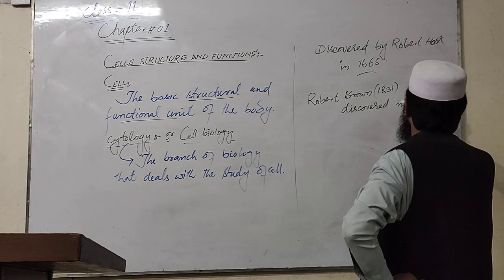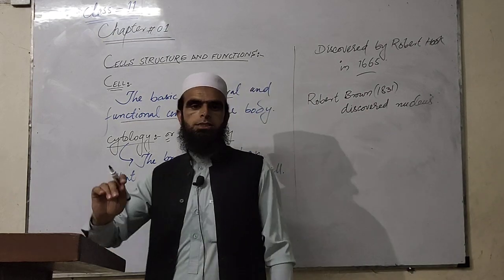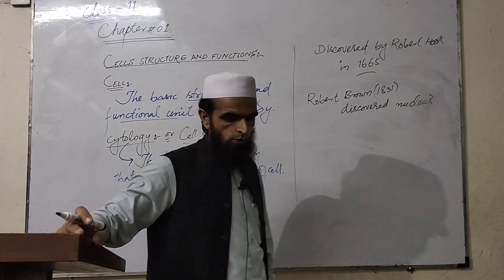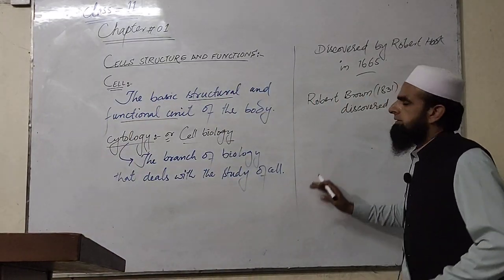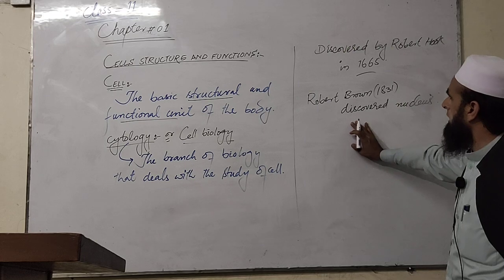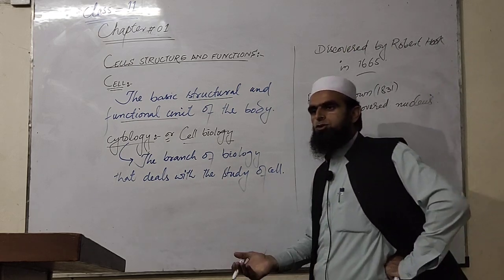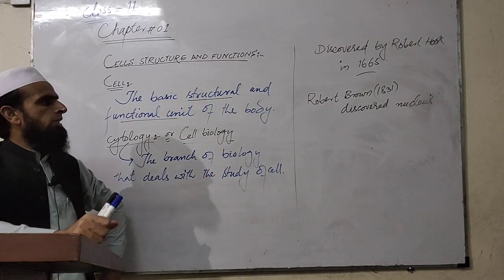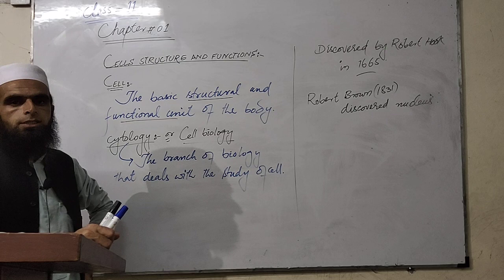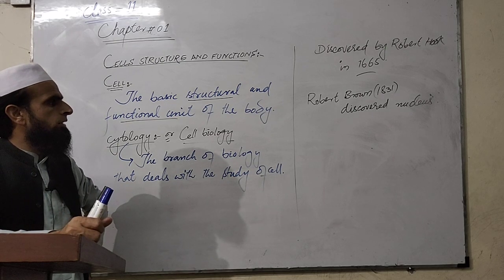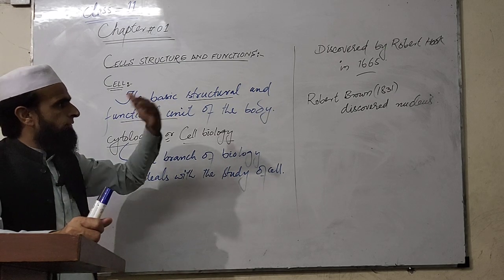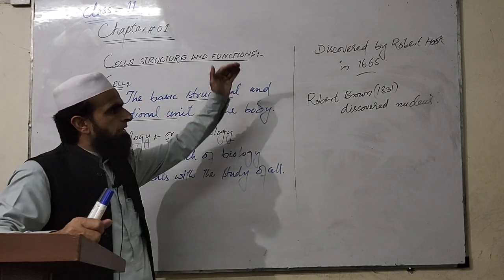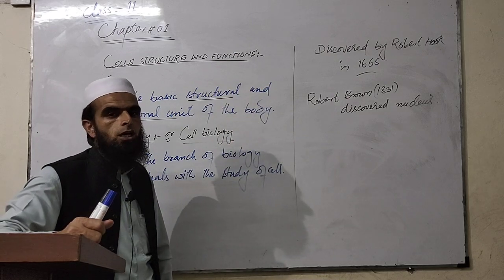Similarly, different parts were discovered later: chromosomes were discovered by Waldeyer in 1876, and ribosomes were discovered by Palade, and so on. So different parts of the cell were discovered by different scientists at different times. After that, we conclude all this history into a special topic which is called cell theory.